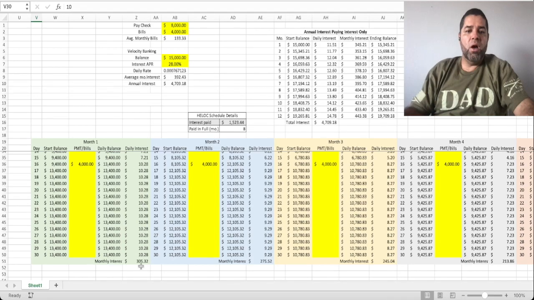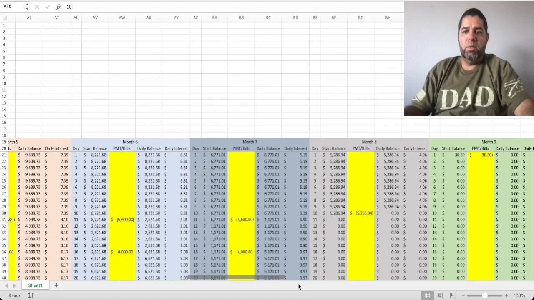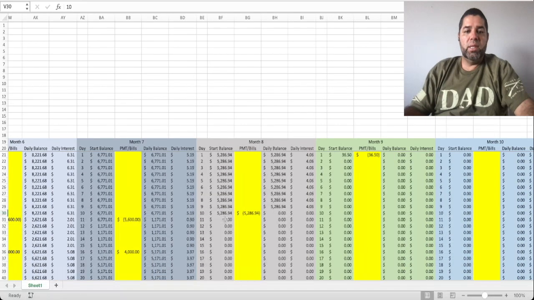And if you could see throughout the course of this spreadsheet here, we continue to apply the same payment towards the HELOC of $5,600, and we continue to apply the bills of $4,000 every month, month 2 and month 3, and so on. And when we get to month 8, we have paid off this HELOC in full.